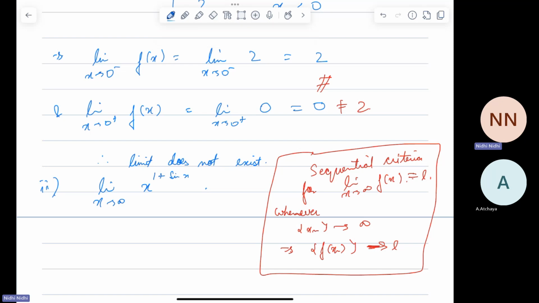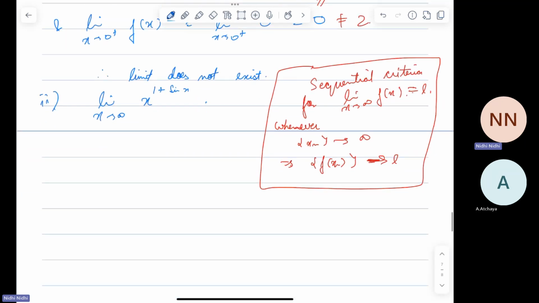So basically, if I take the sequence, consider the sequence xn such that xn is equal to n pi.